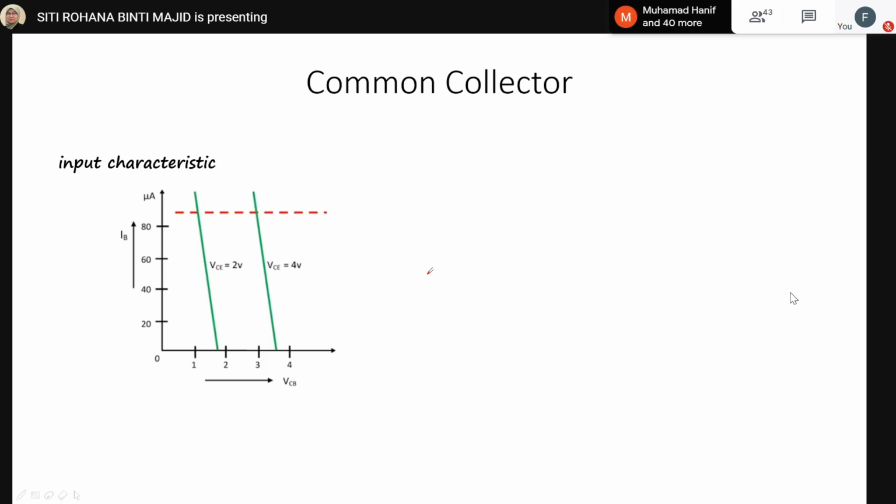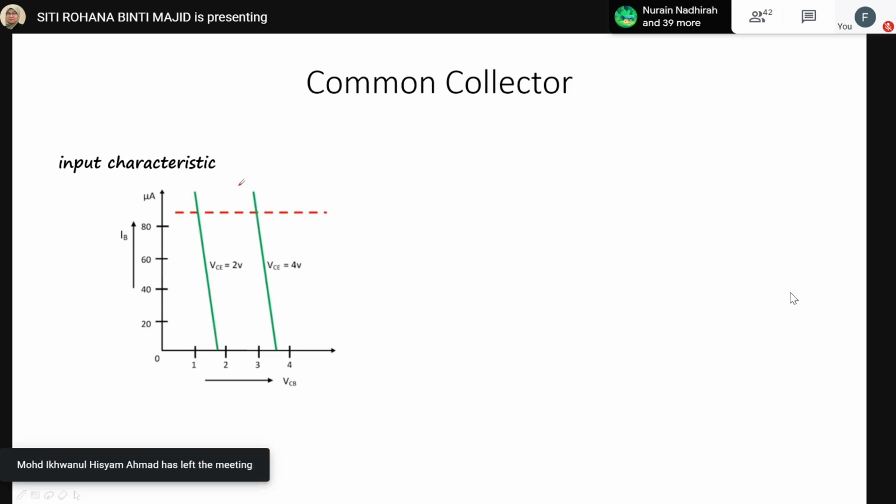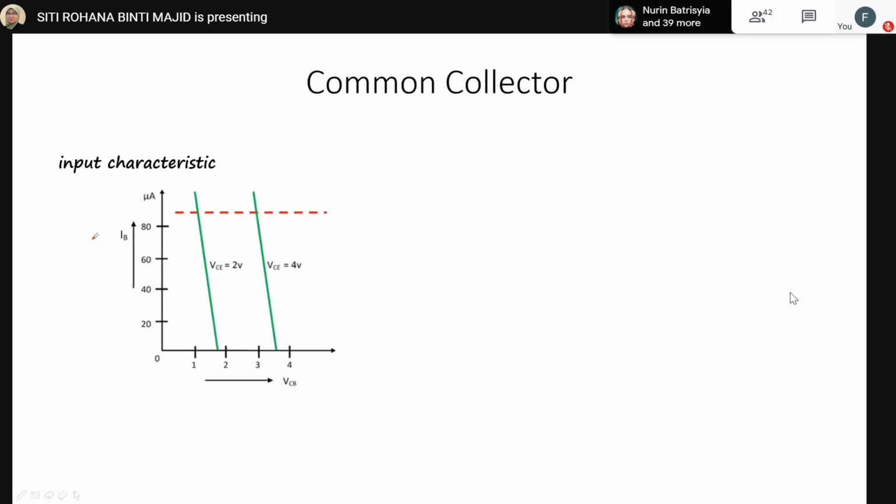So for common collector, the input characteristic of the common collector configuration is drawn between the collector base voltage, which is VCB here, and the base current on the y-axis, at a constant emitter collector voltage VCE.